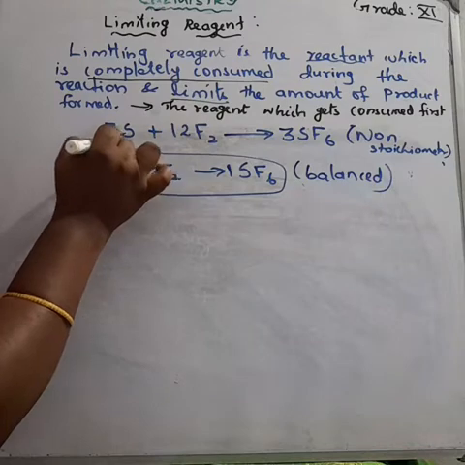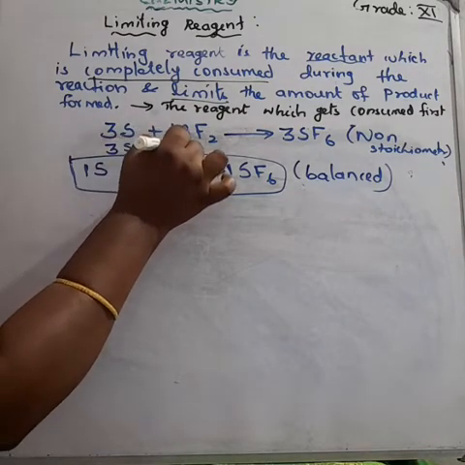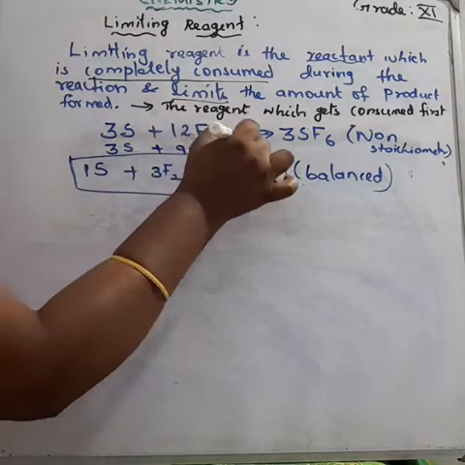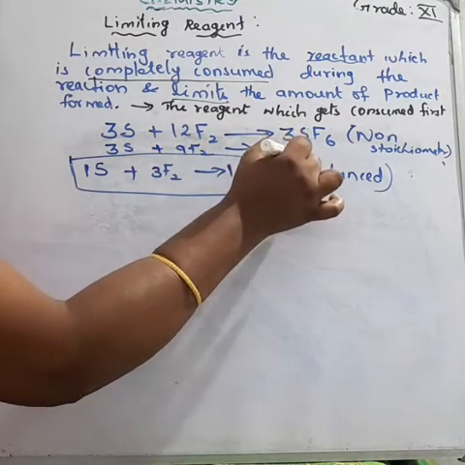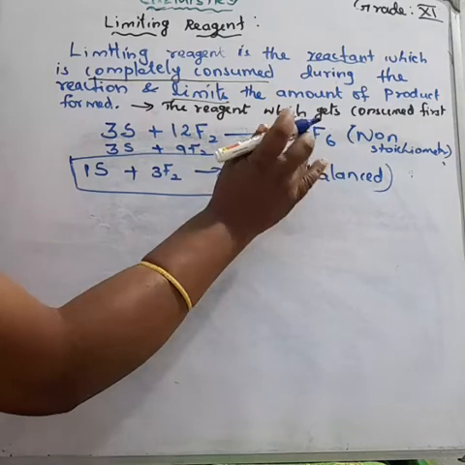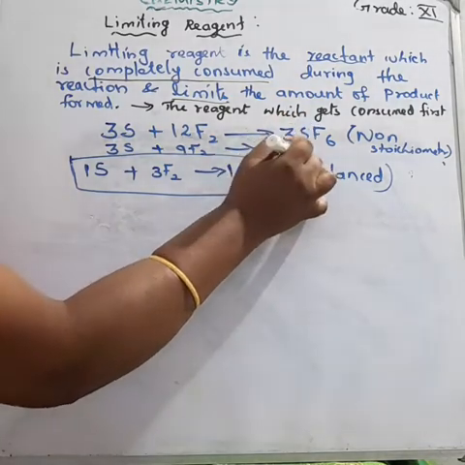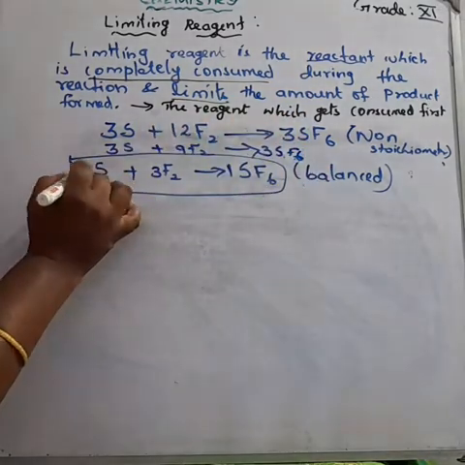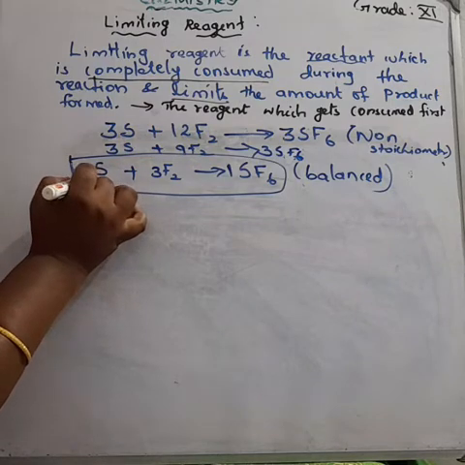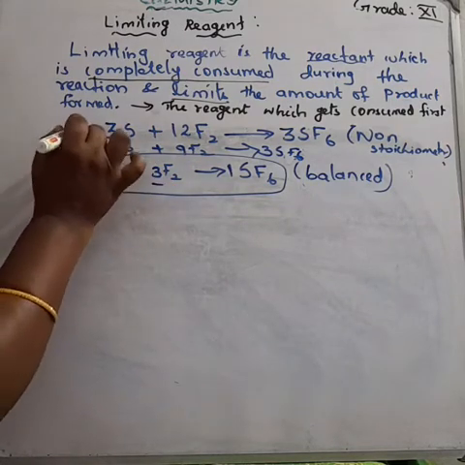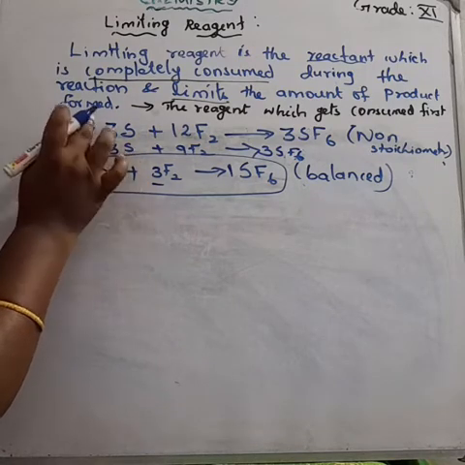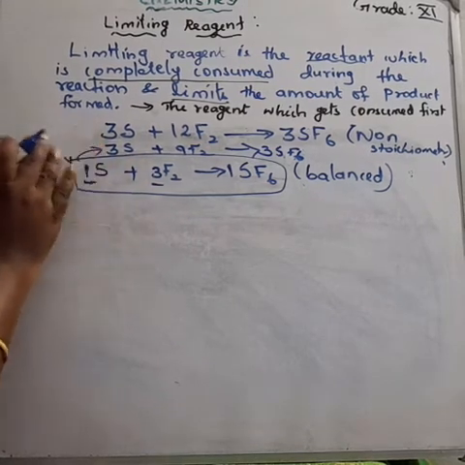Okay, you can relate this here. 1 mole of sulfur reacts with 3 moles of fluorine, so 3 moles of sulfur reacts with 9 moles. One part of the sulfur reacts with 3 parts of the fluorine.